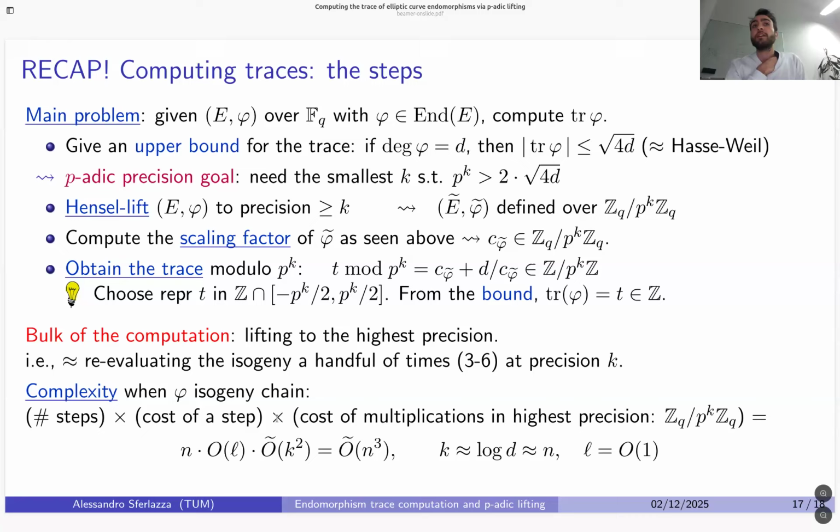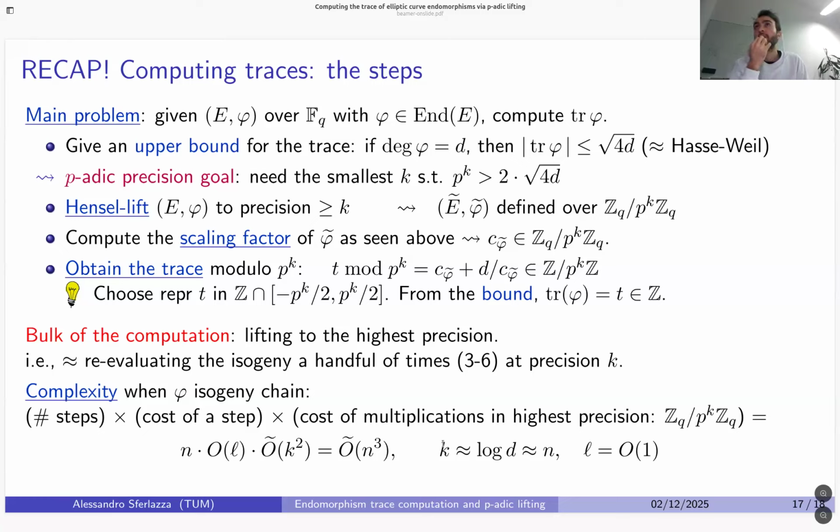And we need to take into account the cost of arithmetic in this large, let's say, high precision ring, which is basically quadratic in the precision and in the logarithm of p as well. That's implicit everywhere.